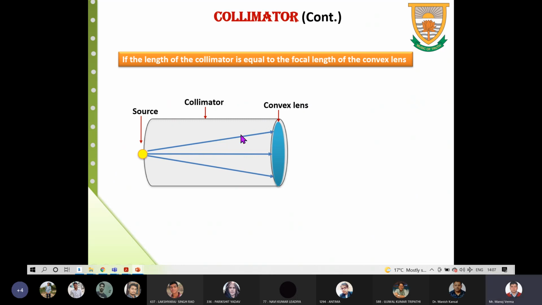So the length of that collimator should be such that the focus of this convex lens should be at the source. And if the light source is placed at the focus of this convex lens, then after coming out from this convex lens, these rays, this diverging wavefront, will be converted into a parallel beam of rays.